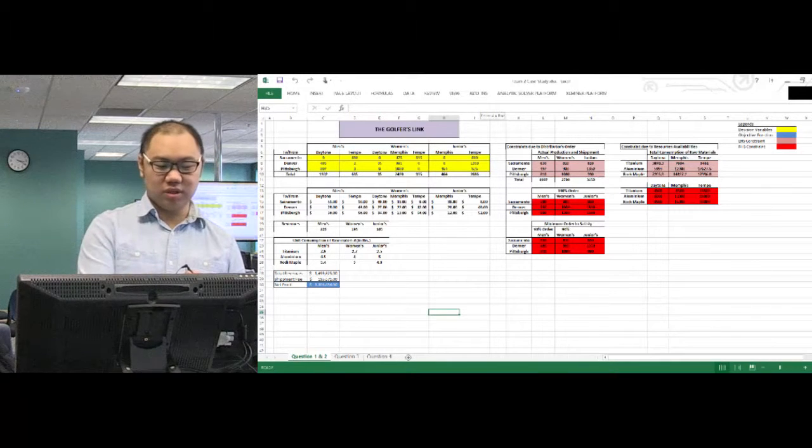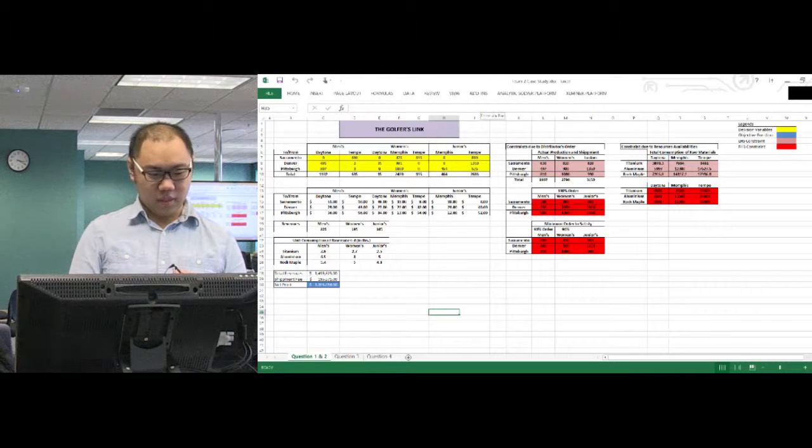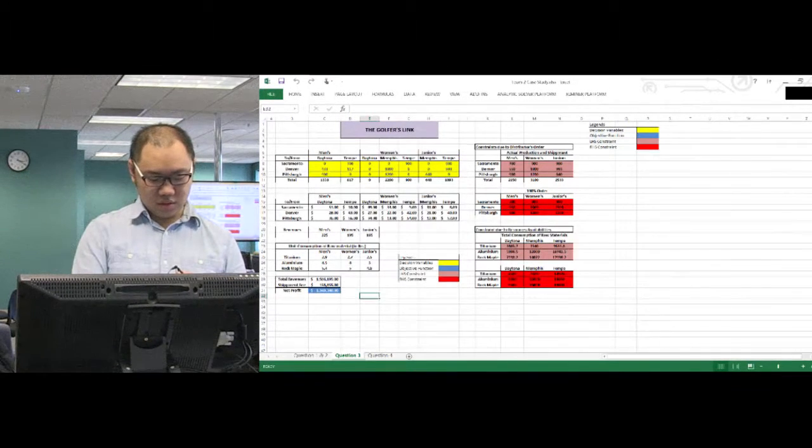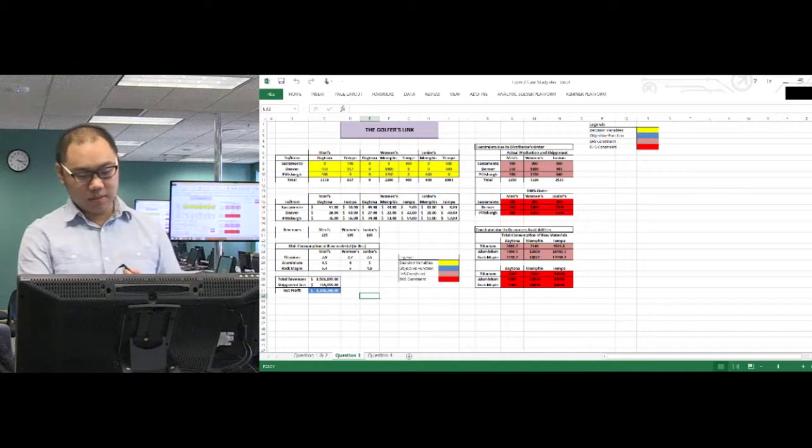Actually, you also can see from here. And this is the shipment cost. The net yield just uses the total revenue minus the shipment cost.